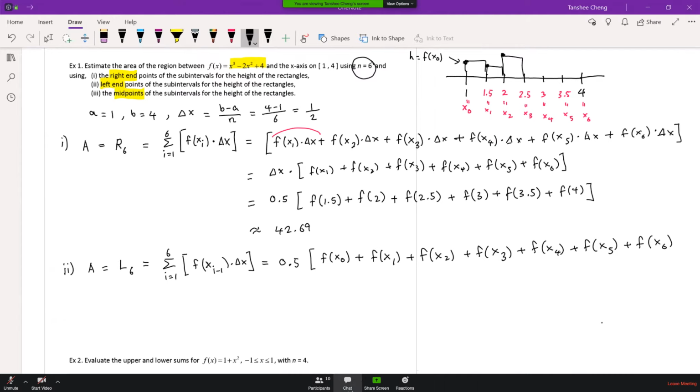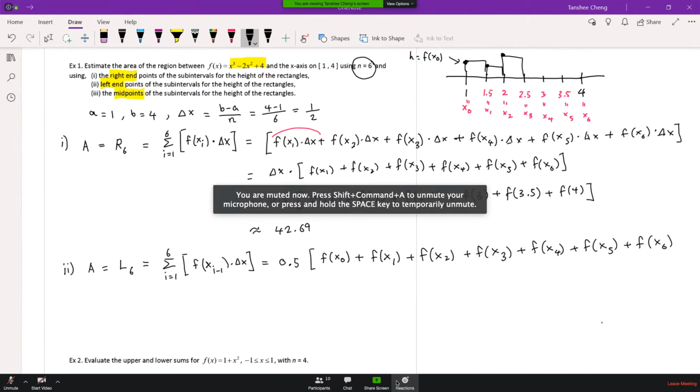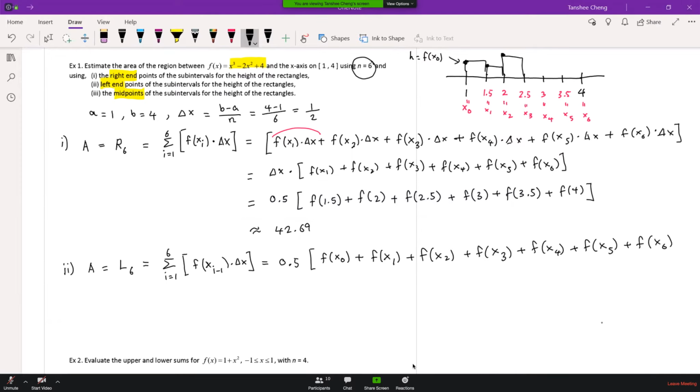You can't put 6, right? Exactly, you're right. Because look, for the fourth one, the left endpoint is x sub 3. The fifth one, x sub 4. And the sixth one, we are using the height at x sub 5.